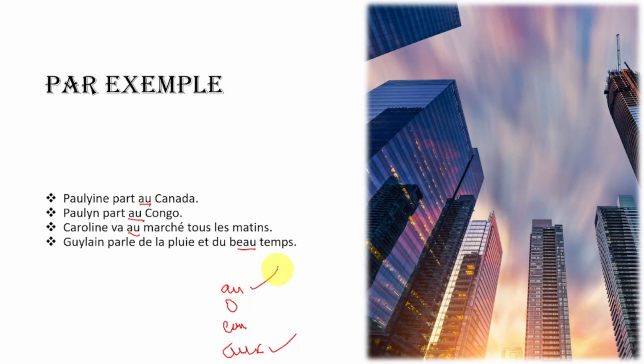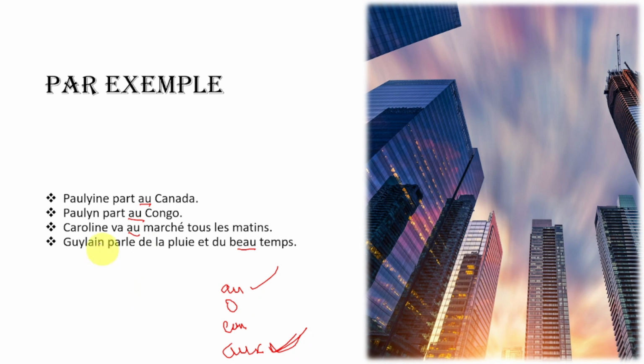When you say in French, for example, je vais au Maroc. I'm gonna use this. Je vais aux États-Unis. I use this one. Je vais aux Pays-Bas. I use this one. Not this. Gulin est allé au Japon. I use this one. Okay?